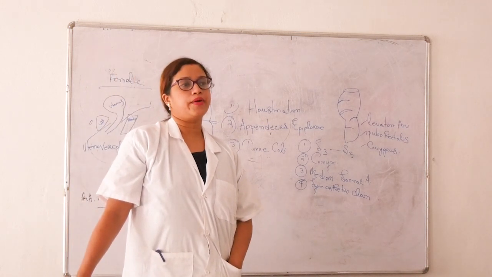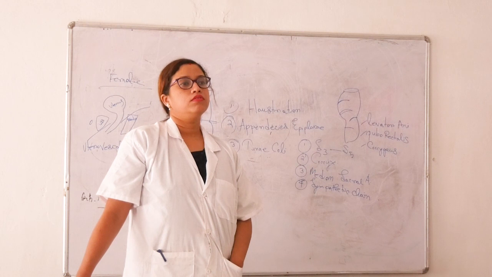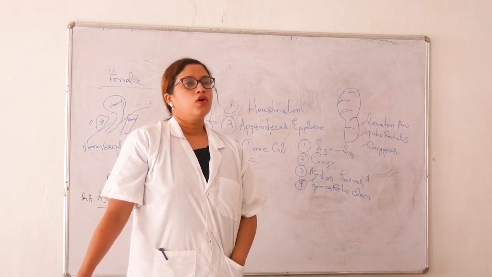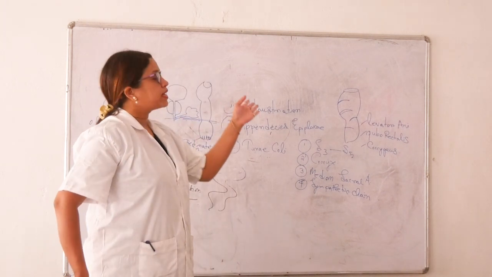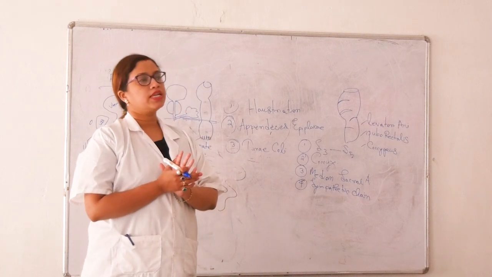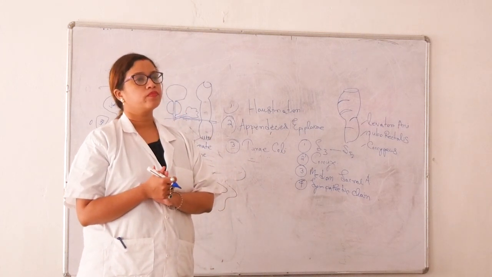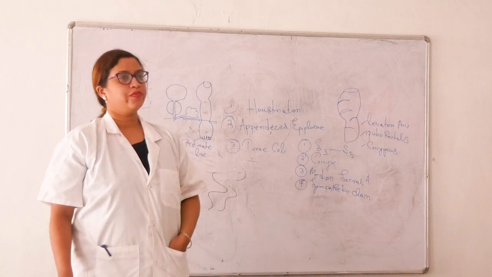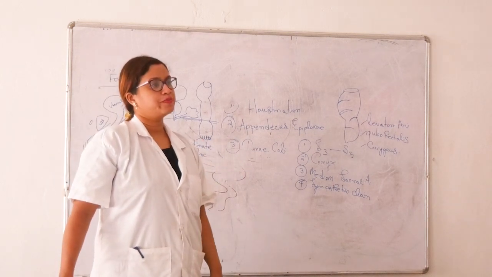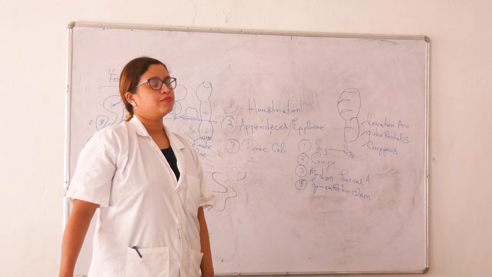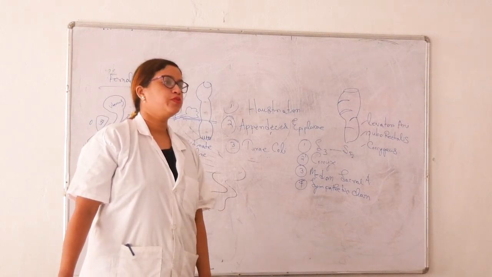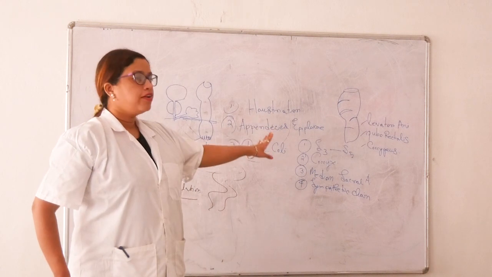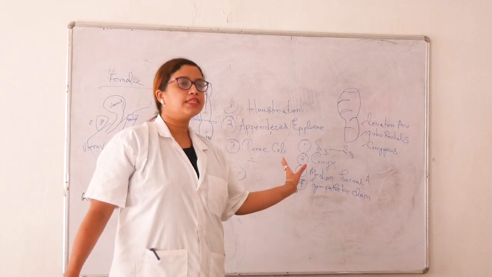Now write it down about the lymphatic drainage of the rectum. Okay. So what lymphatic drainage can the rectum have? Just think about that. The rectum is the last part of the large intestine.